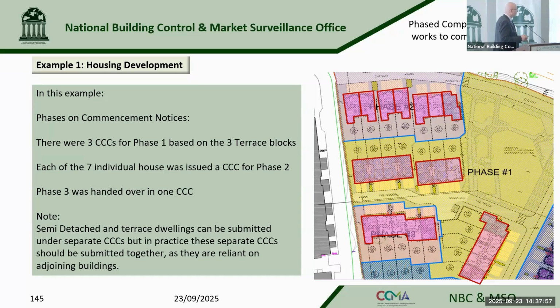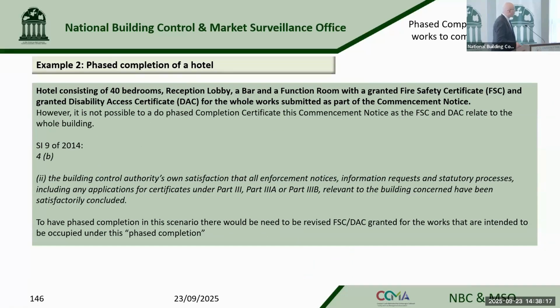But they can be submitted together as separate CCCs, and that is much more convenient for conveyancing at the end. But again, they're both valid ways of submitting a CCC. So you could do it for the whole block, or you can do it individually. Individual is the preference.